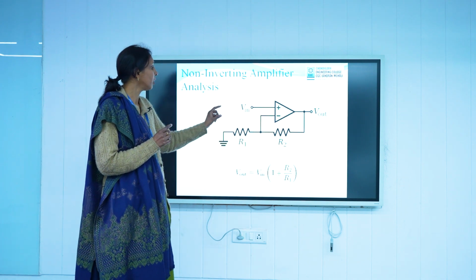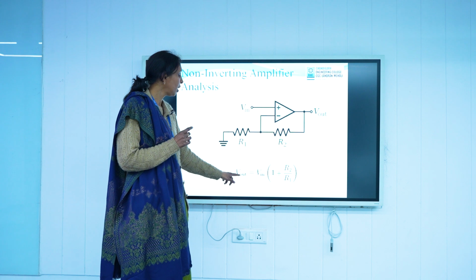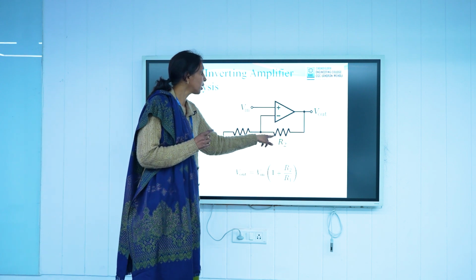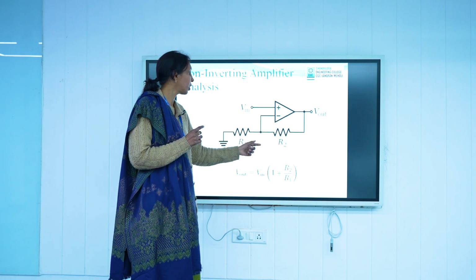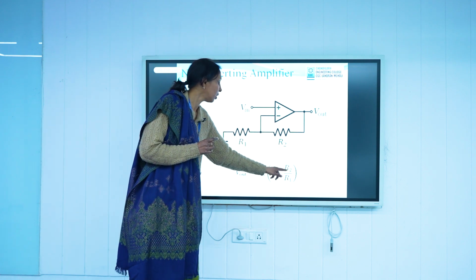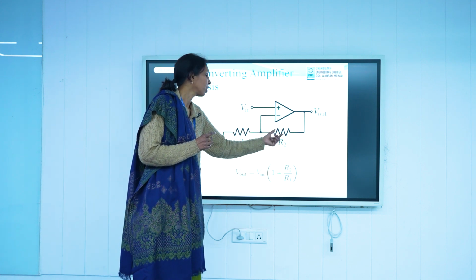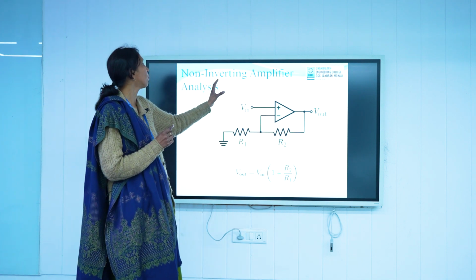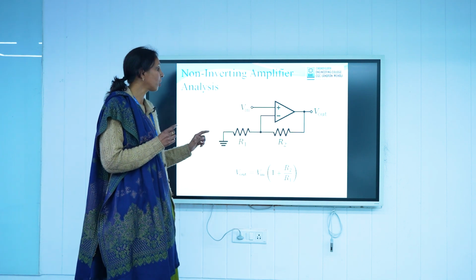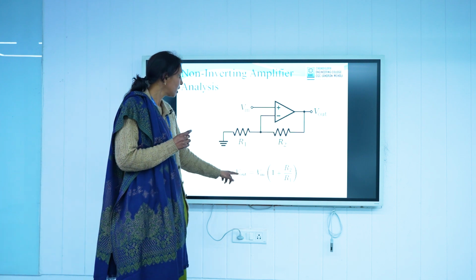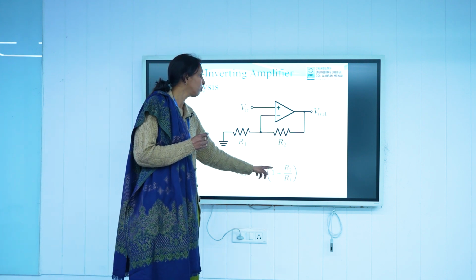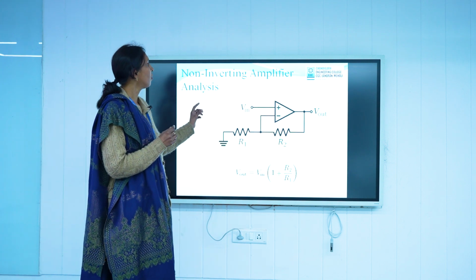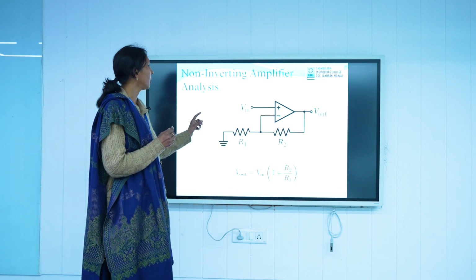The output for this non-inverting configuration is Vout equal to Vin into 1 plus R2 by R1, where R2 is again the feedback resistance. Whenever we perform an application of op-amp, Vout will be equal to Vin into 1 plus RF by R1. So this is the second application of op-amp in non-inverting configuration.